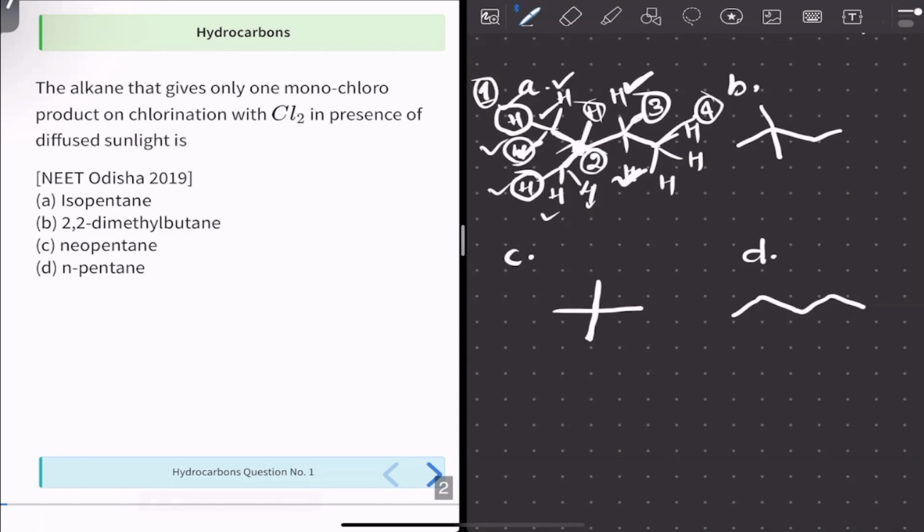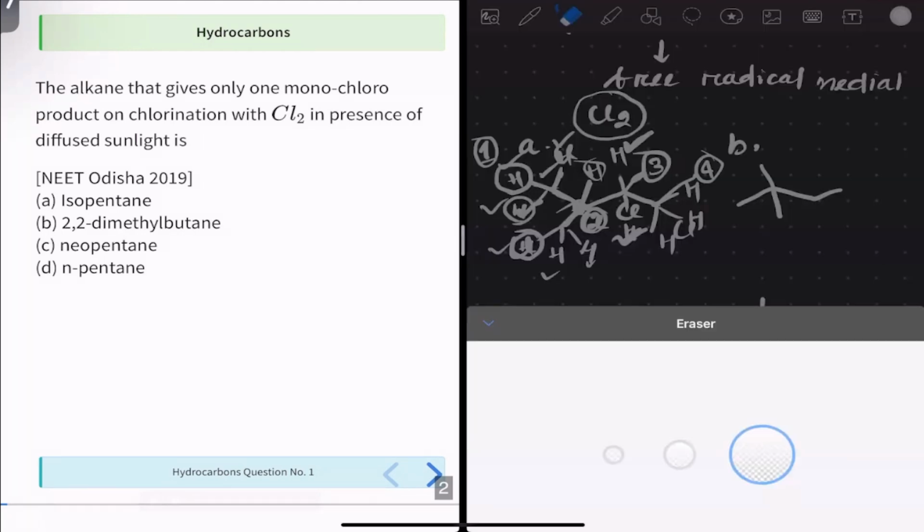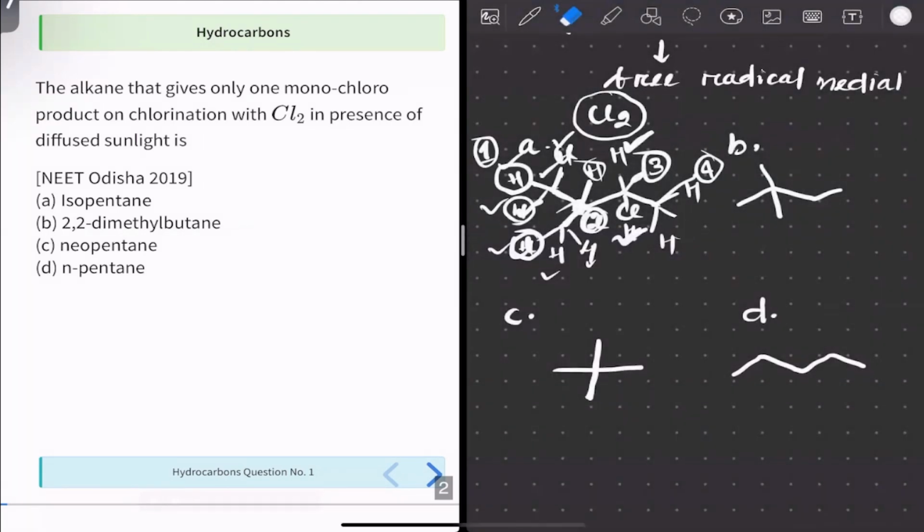That means if we chlorinate it, means if the halogenation reaction occurs here, chlorine would be substituted here. Here one chlorine can be substituted, here one, here one, here one, and here. Okay. So if we write clearly, hydrogen is replaced by chlorine. In this way, we can get four products. Okay, four products of halogenation in this molecule.